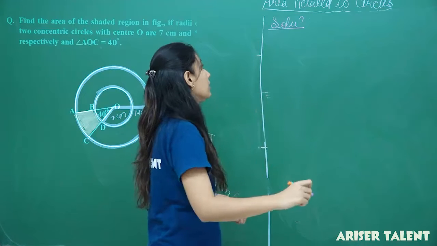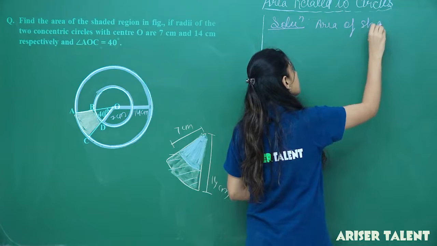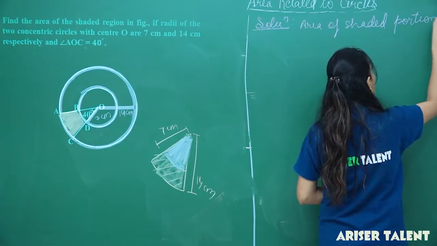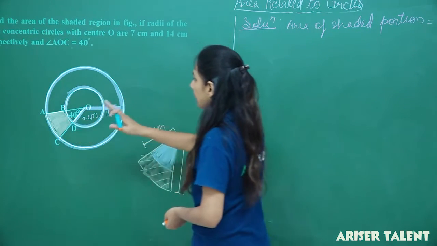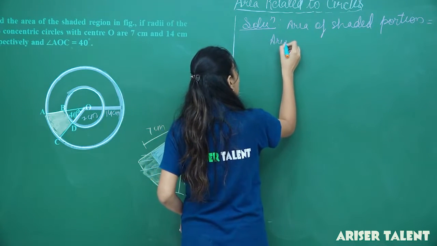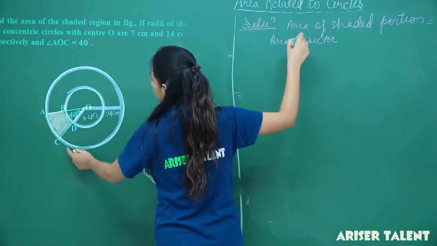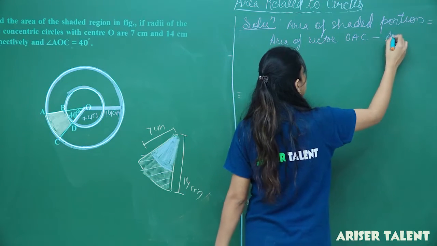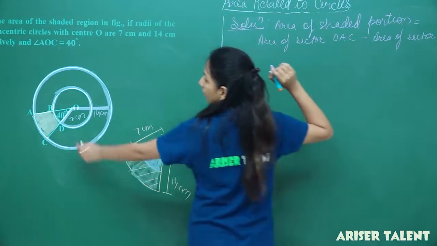So students, area of shaded portion equals, if I talk in terms of A, B, O, C and D, area of sector OAC minus area of sector OBD.